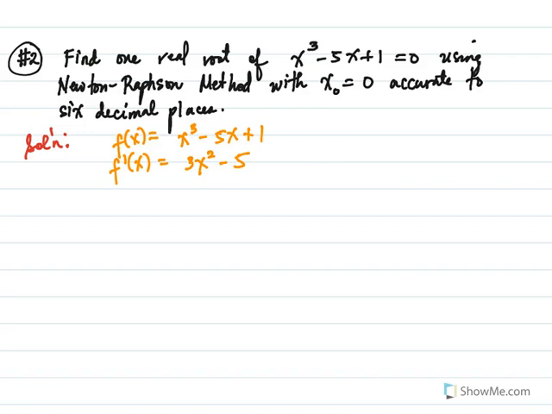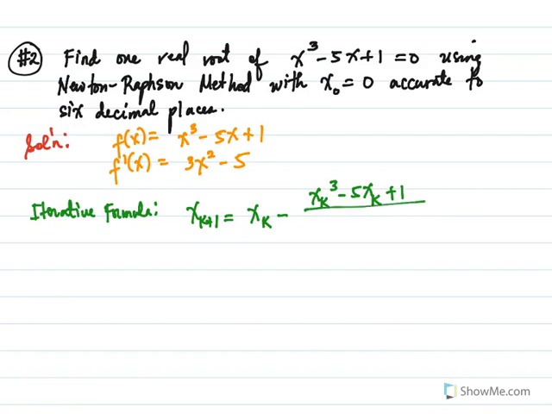And so our iterative formula will be of the form x sub k plus 1 equals x sub k minus f of x sub k. So x sub k cubed minus 5 times x sub k plus 1 all over f prime of x sub k, 3x sub k squared minus 5.